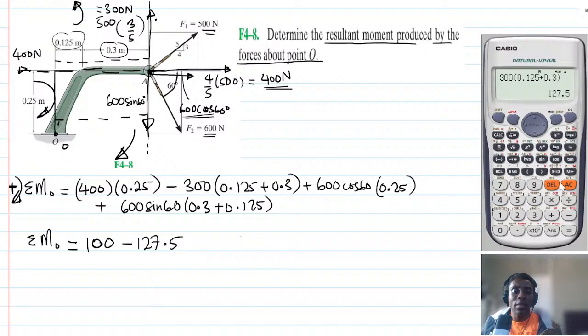And then 600 cosine 60 multiplied by 0.25, that's 75. And finally, 600 sine 60 into 0.3 plus 0.125, that is 220.84.